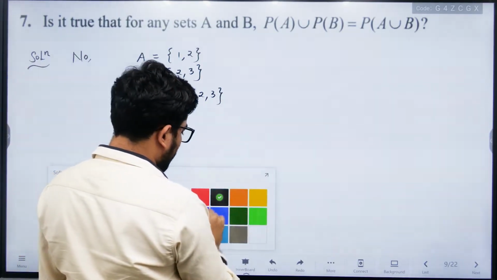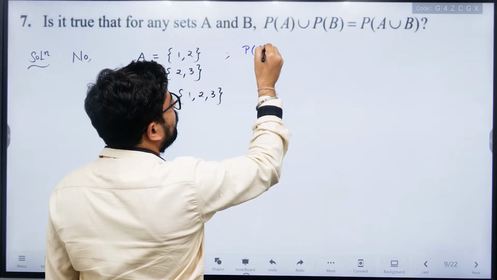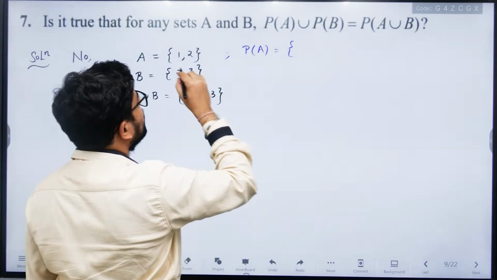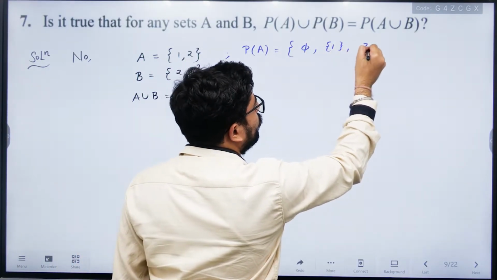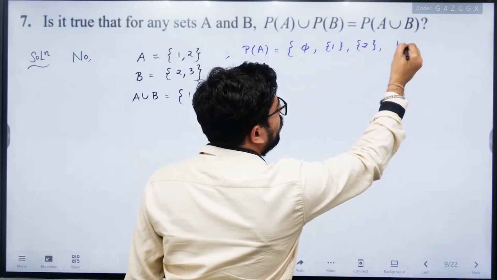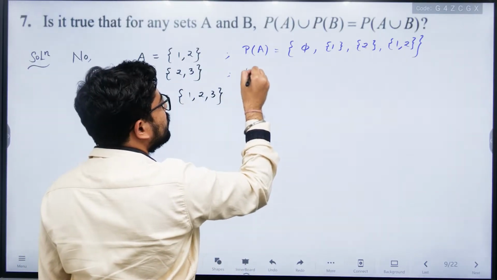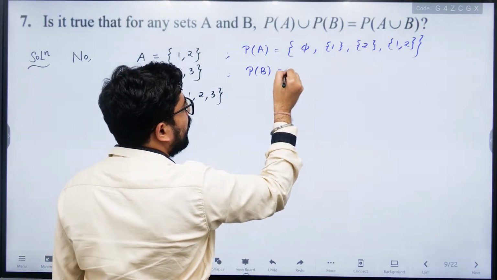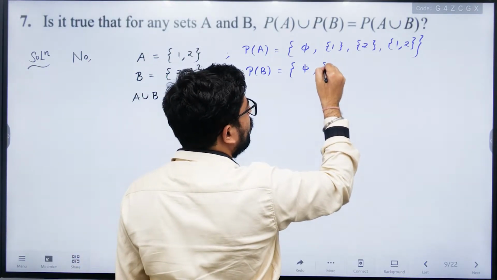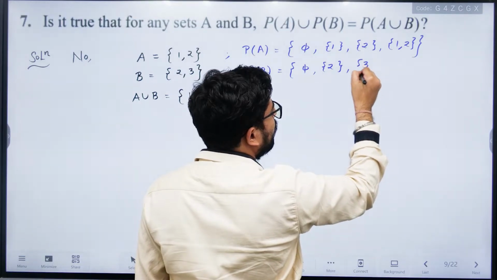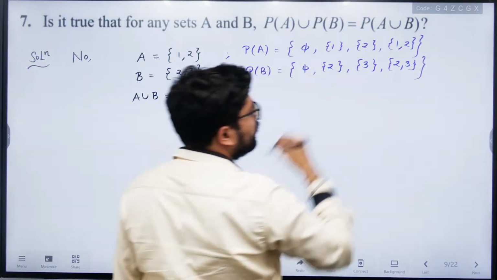Now write the power set of A. The power set of A is empty set, {1}, {2} and {1, 2}. Okay. Write the power set of B. The power set of B is what? Empty set, {2}, {3} and {2, 3}.